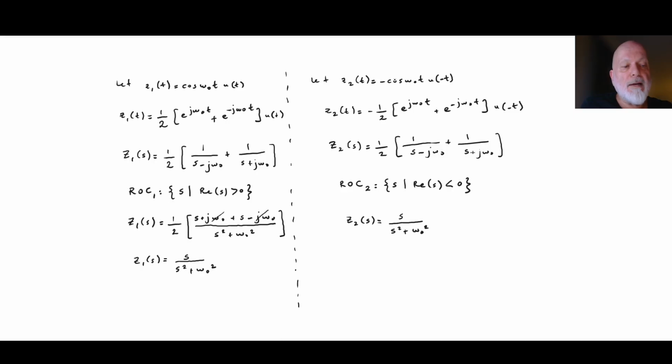But when we combine them to form the complete sinusoidal signal, cosine omega 0 t, t between minus infinity and plus infinity, we are not able to handle convergence as t tends to infinity and minus infinity simultaneously. That is the simple explanation behind this analysis. Okay, thanks for watching.